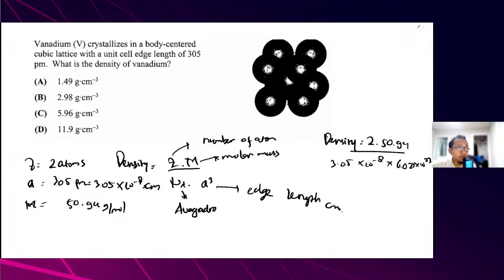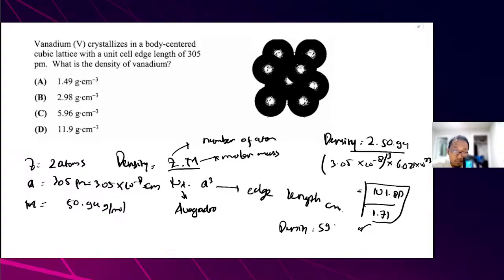So it gives us the final result, 101.88 over 1.71, and then the density will be 59.6.